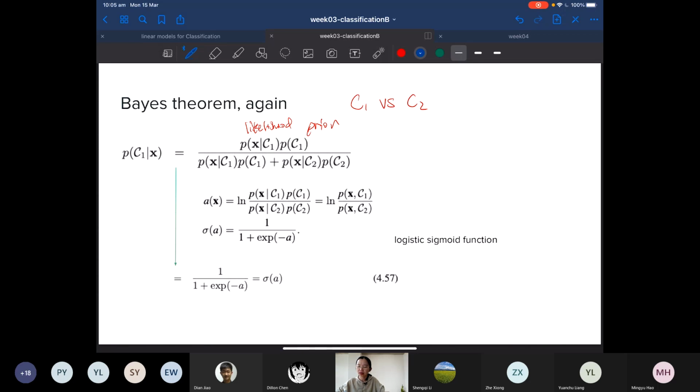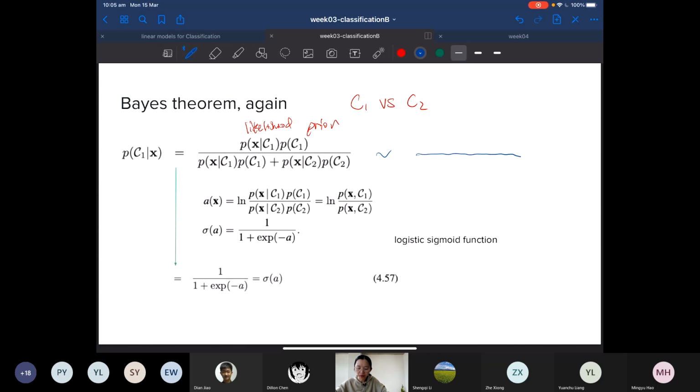What has happened is that the multiple dependencies in both the numerator and the denominator combine, so this term only depends on the ratio of the two probabilities. Let's do this for a sec.